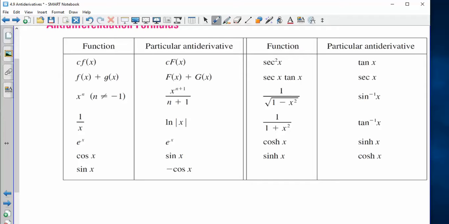If you have things added together, you can do their antiderivatives separately. 1 over x is the natural log. E to the x is its own derivative, so the antiderivative of e to the x is still e to the x. Trig functions, hyperbolic functions, I'm not going to give you any of those for antiderivatives. Those were ones that I just gave you the formula when we actually did those in class. So we're just going to keep practicing today.